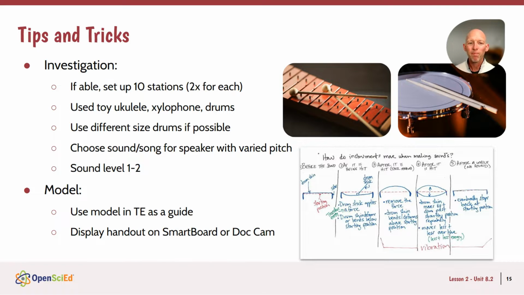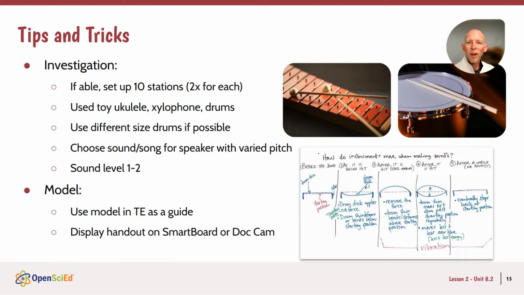In terms of the model, the consensus model, like I said, I have to use the teacher's guide. I'm not looking at it the whole time, but while students are sharing ideas, I'm modeling it, and I'm referencing the teacher's guide just to make sure that I'm including all the parts and I'm not missing anything important.